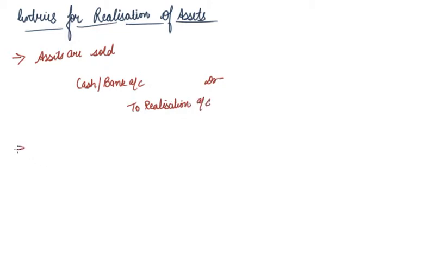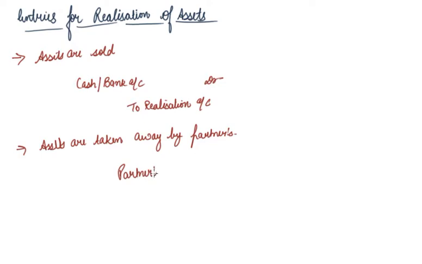When these assets are taken away by partners, in that case, partners capital account, because it is taken away by the partners, so partners capital account debit to realization account.